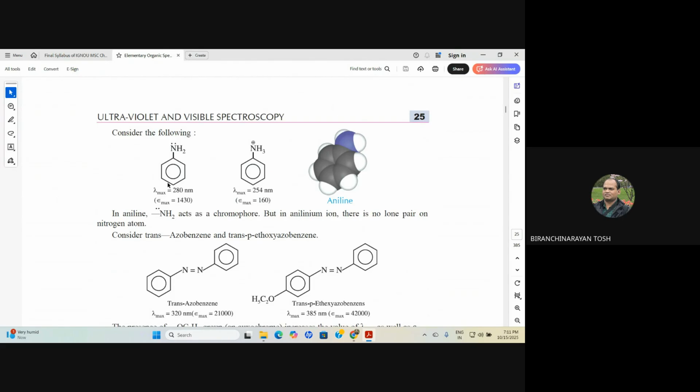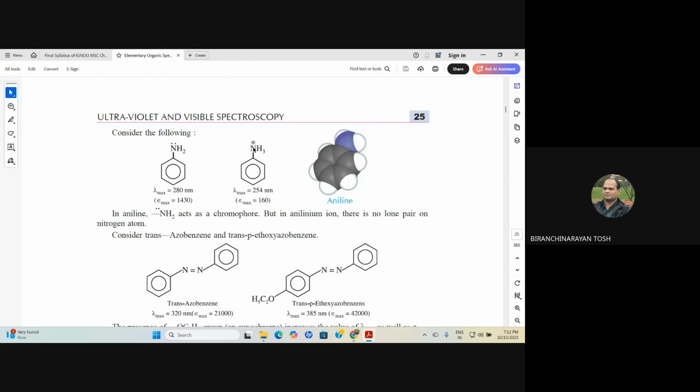Anyway, in aniline, the amine group is the chromophore, and it absorbs at 280.